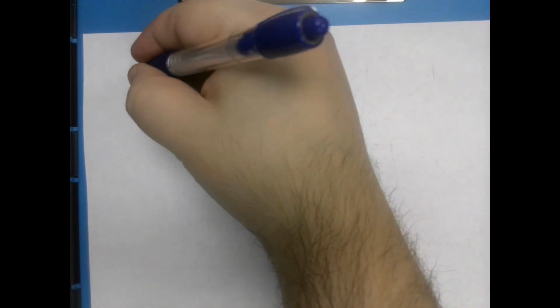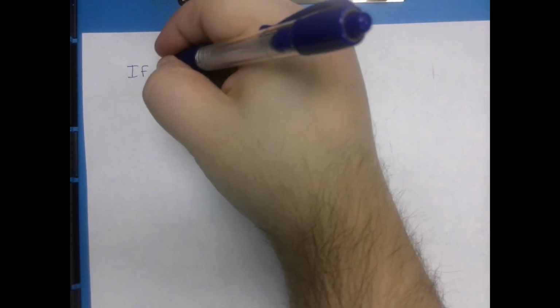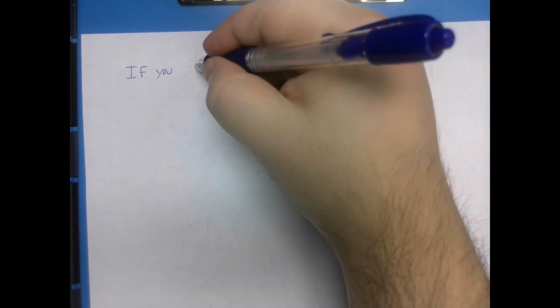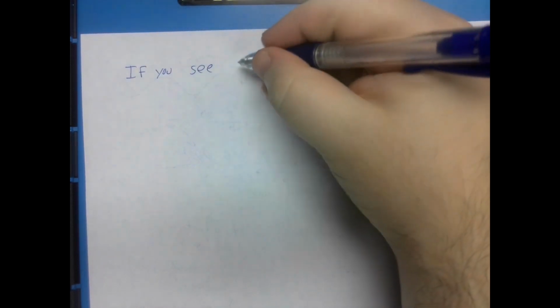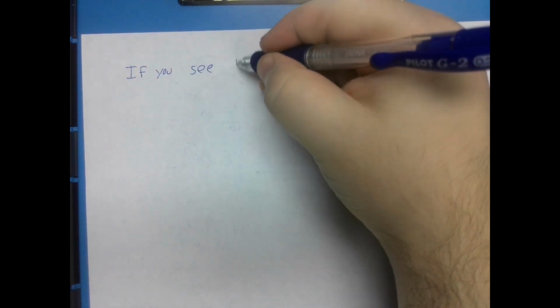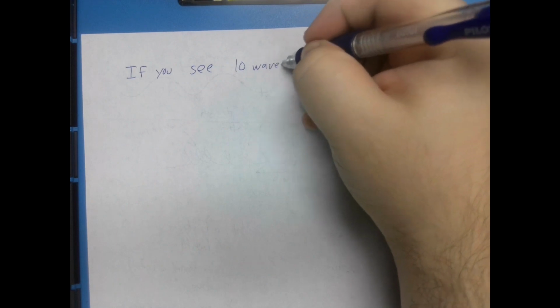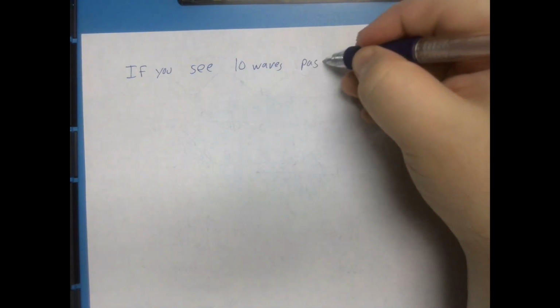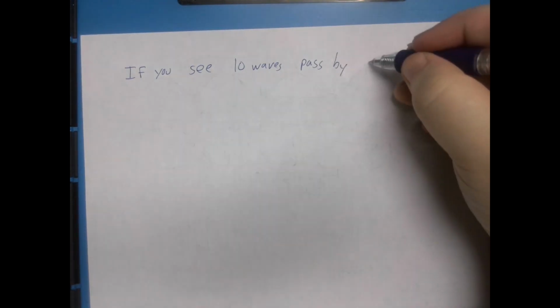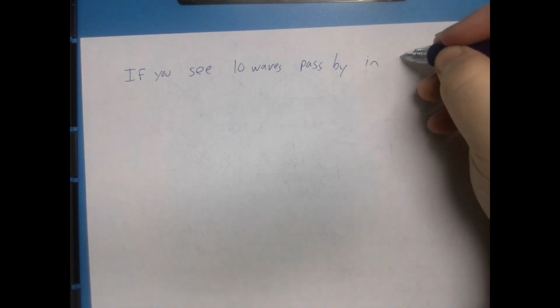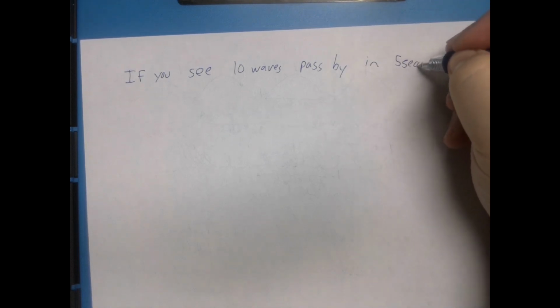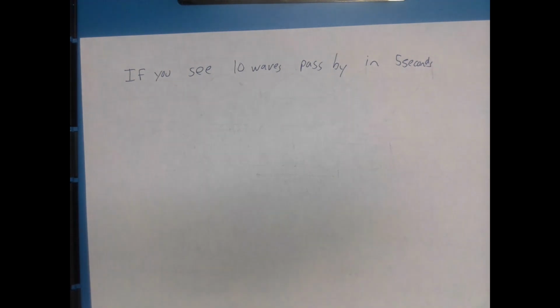So if you see 10 waves pass by in 5 seconds, what does that tell you?